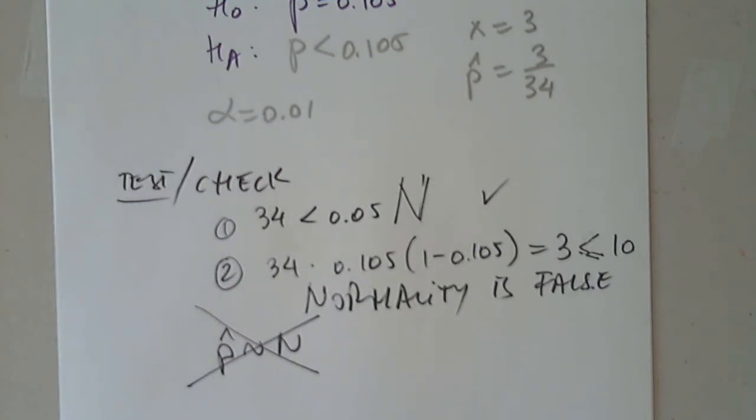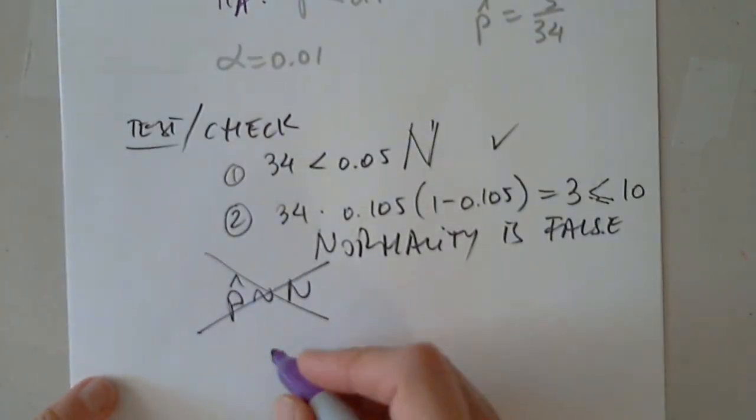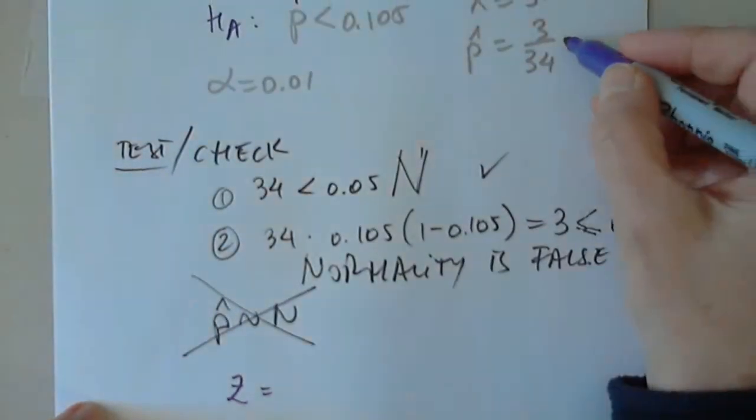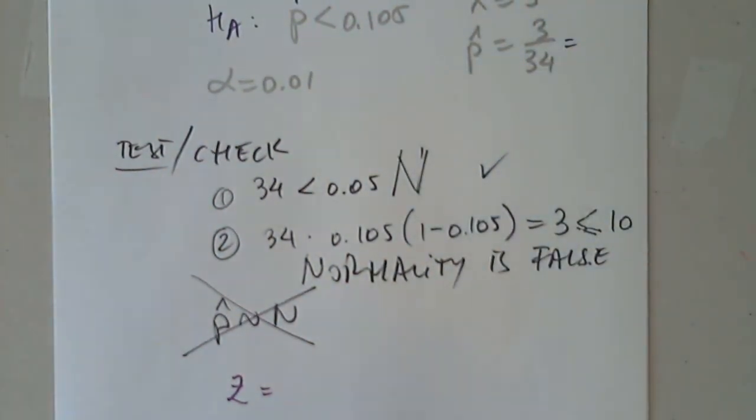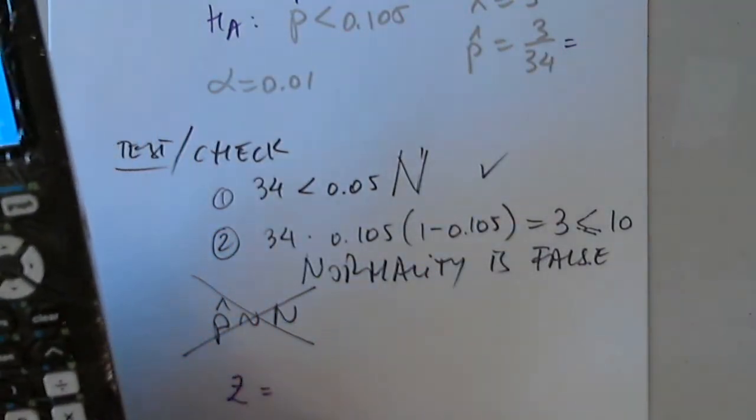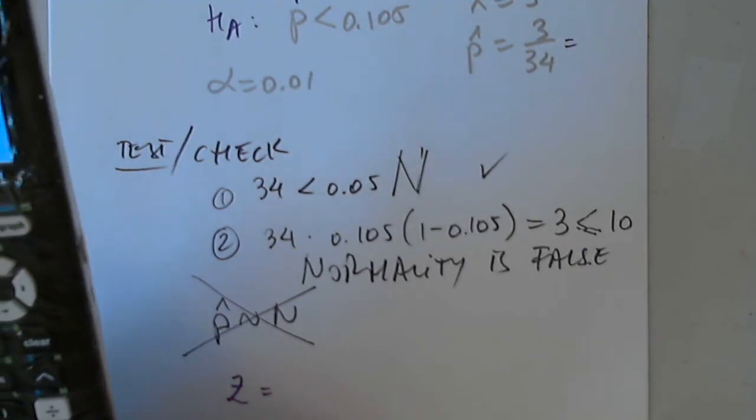Of course, I have to determine p hat, and I have to determine z. So what does z equal to? So let's find p. There is a different way, and I'm going to show that different way.